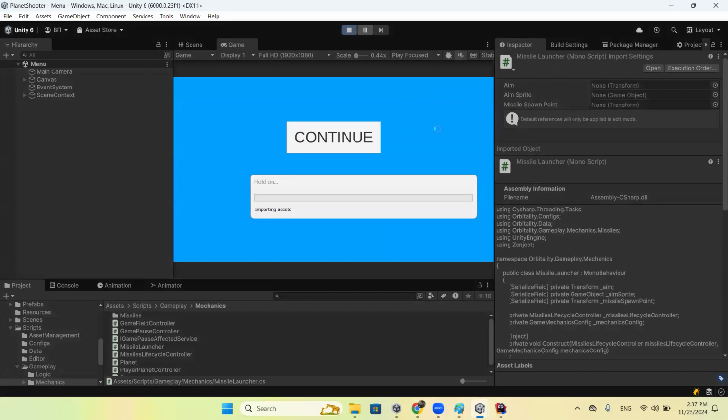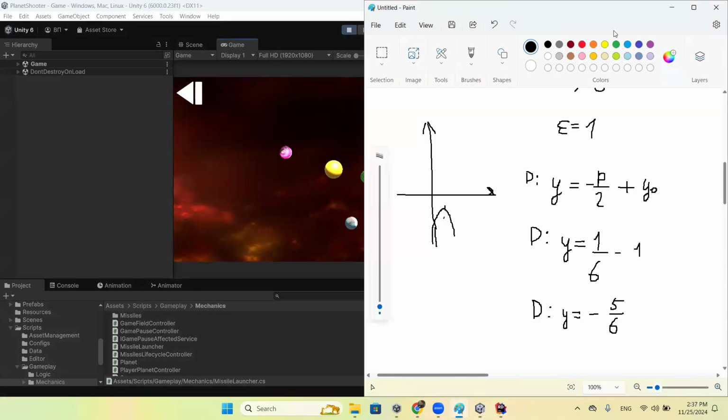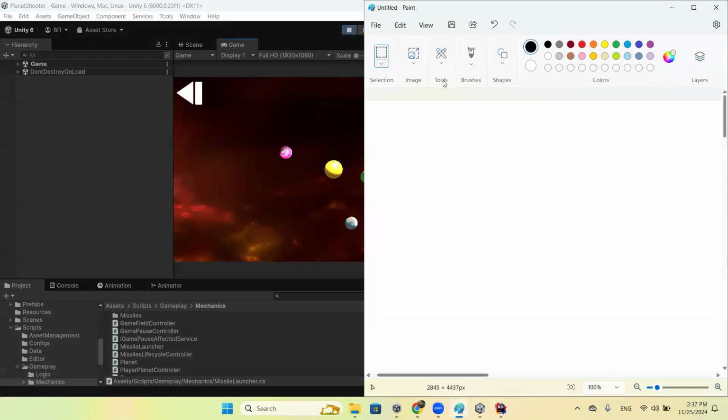As you can see, planets are moving by elliptic orbit. And how to make them move? We need to use the equation of the ellipse, but not our canonical form, the parametric form. Did you have such? Parametric equation of the ellipse.